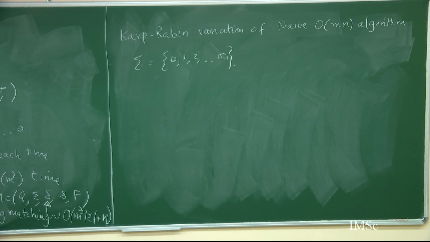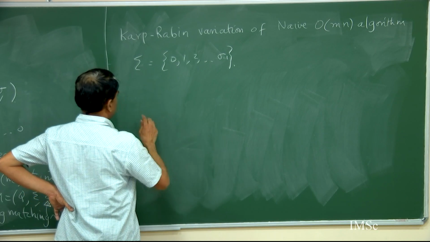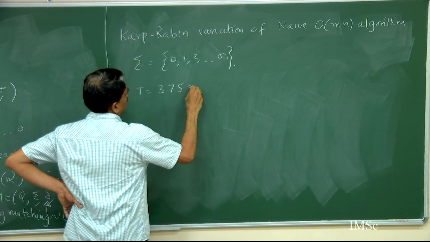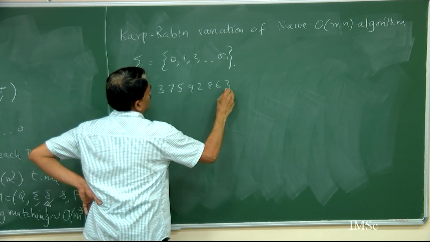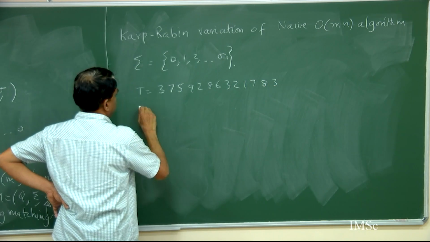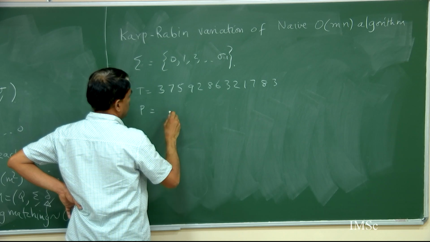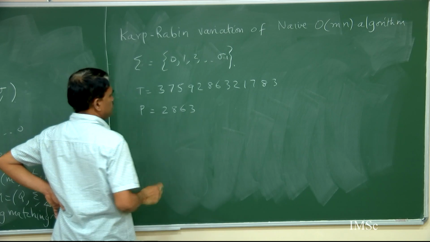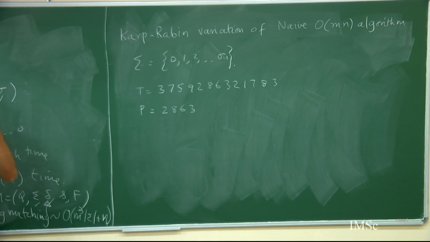I am going to think of the entire thing as text is a sequence of digits and my pattern is also a sequence of digits, which is like this, right. I want to compute, and my pattern would look like something like this. Okay.